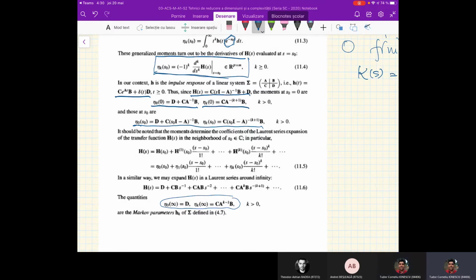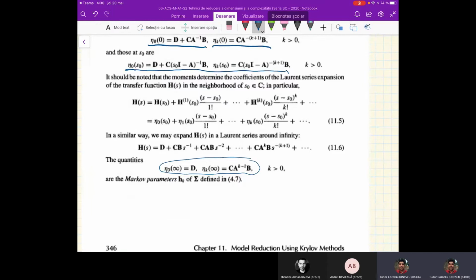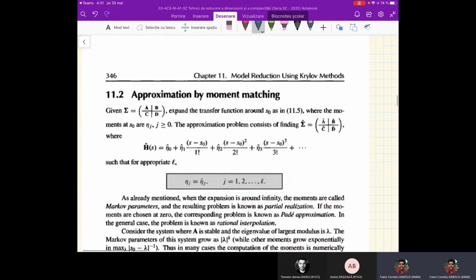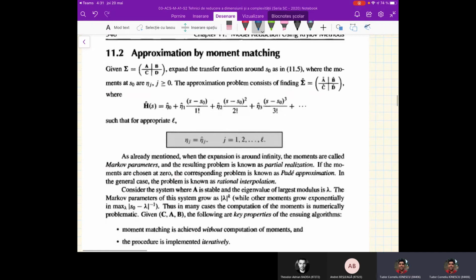They show you here, this is much more clear: relation 11.5 clearly shows the Laurent series expansion at any point S0, and then the Laurent series expansion around infinity. If you remember from chapter 2 or 3, you get the Markov parameters in this form over here.